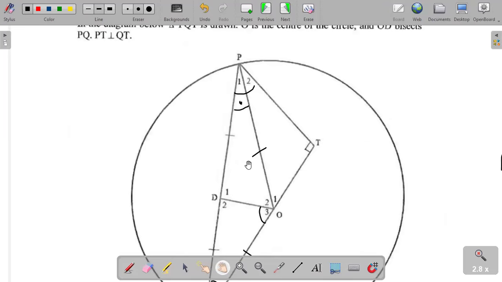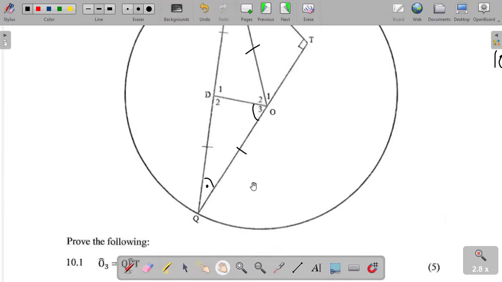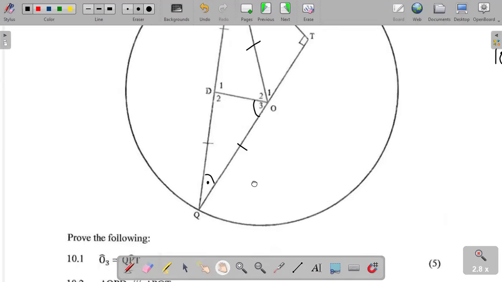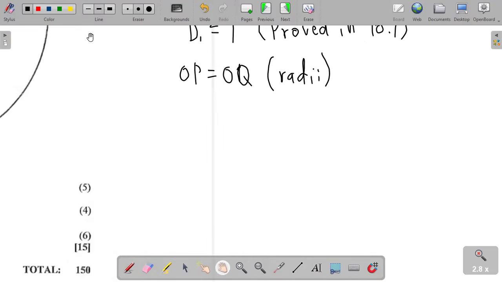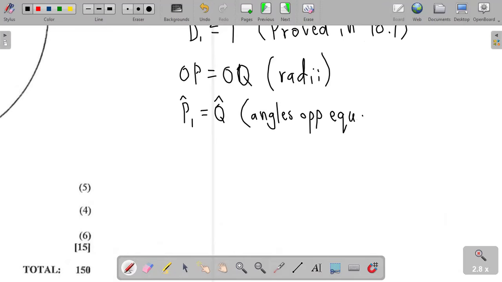So this means that angle P1 will be equal to angle Q, okay? The reason here is angles opposite equal sides.